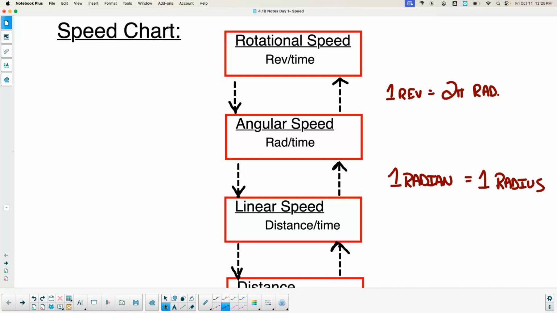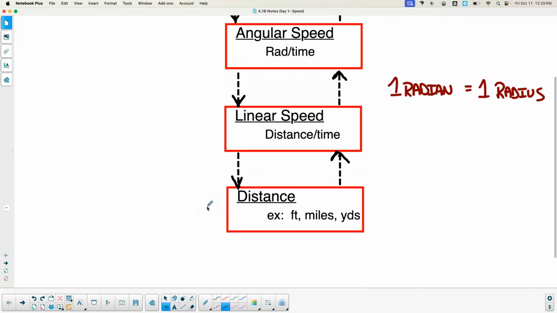Okay? And then lastly, what we can come out with from the speed chart is the total distance that the object traveled. Okay? So if I spin this valve stem around and around and around, and I stop it, and there it just went 8 feet.